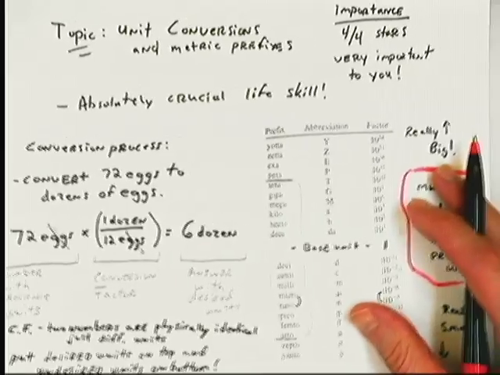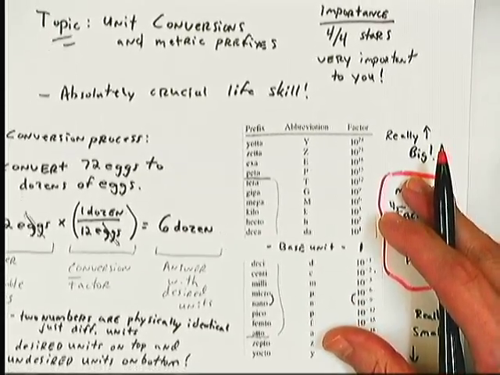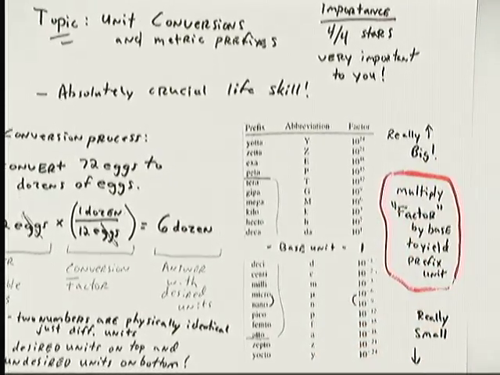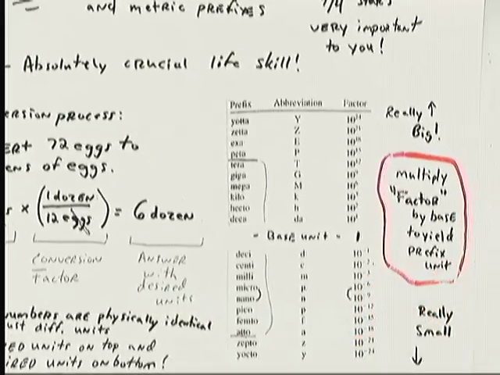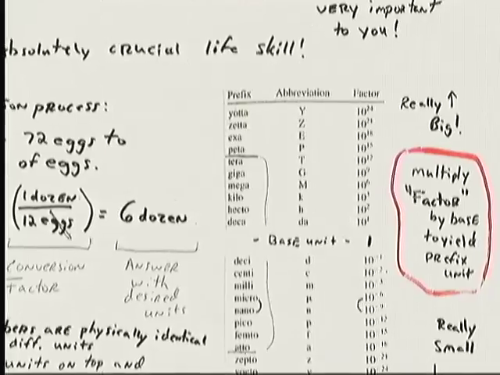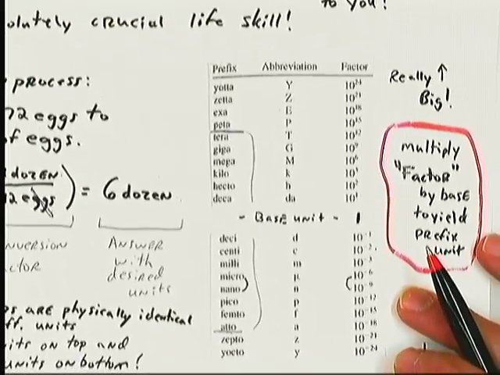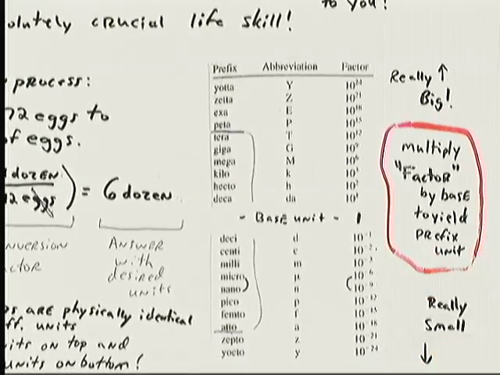Now, typically, or often, I'll say, you come across metric prefixes when you're considering this business in your class as well. And I've, in fact, reproduced a table of metric prefixes here on this slide for your use.